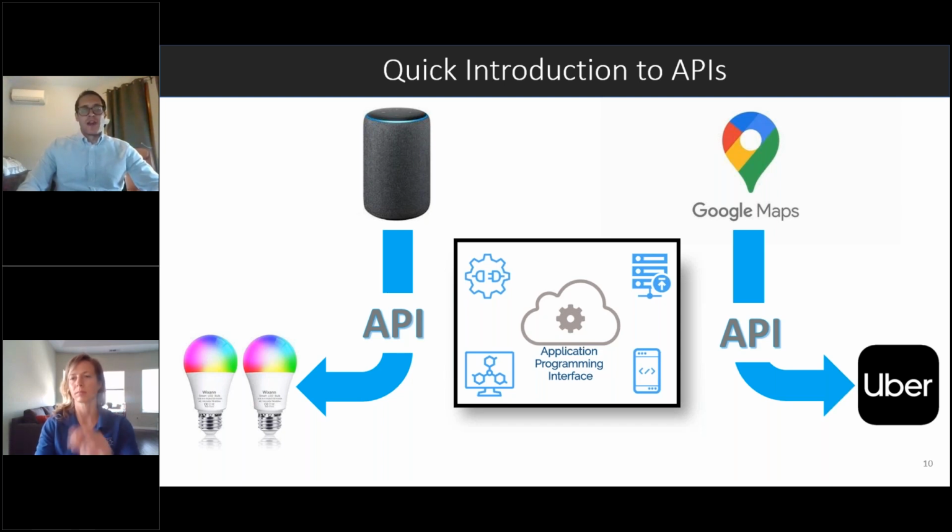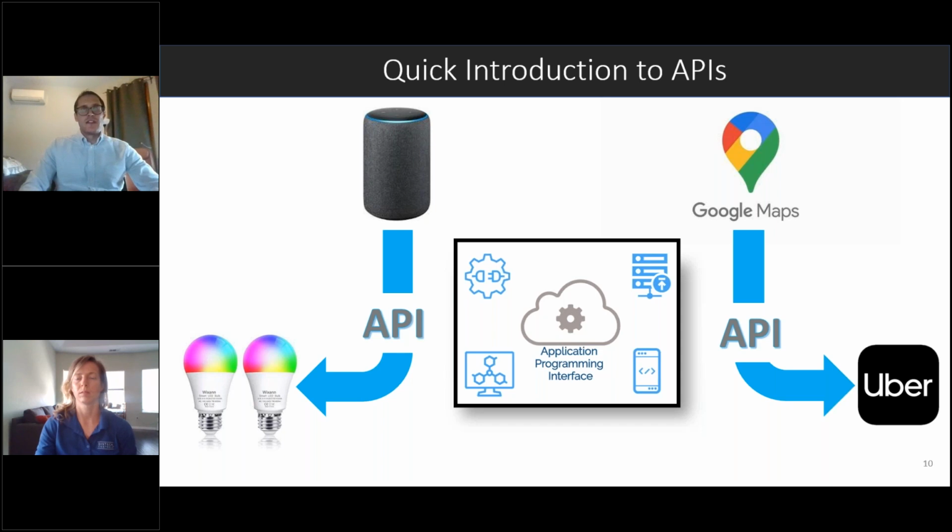So one example we have shown off on the left is just an Amazon Alexa communicating with some smart light bulbs and being able to turn them on and off, change the colors, etc. So Amazon didn't make those light bulbs that are shown there, but because they have a documented, easy to access set of APIs, that allowed those two to actually communicate with one another in a meaningful way.